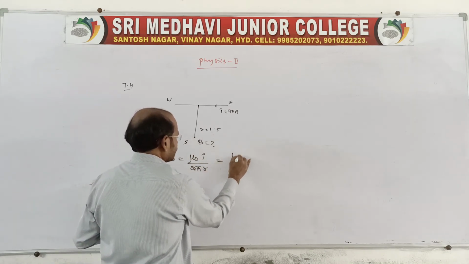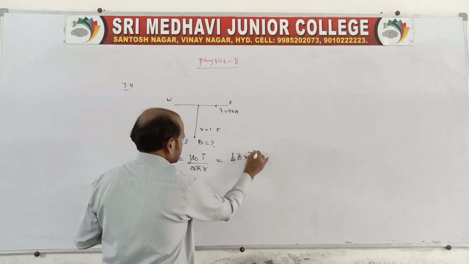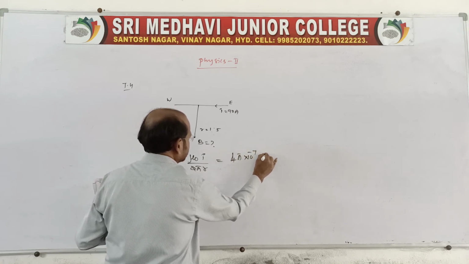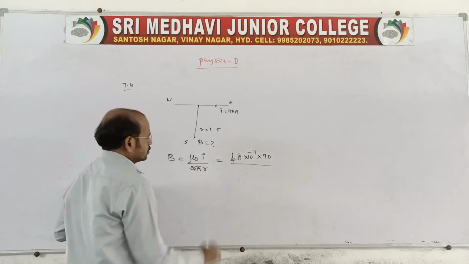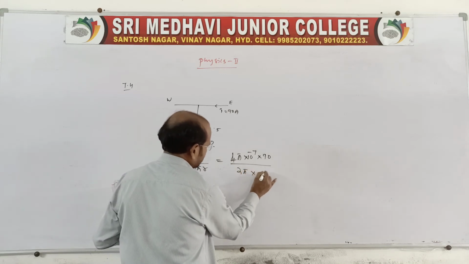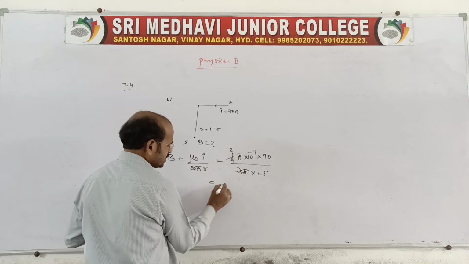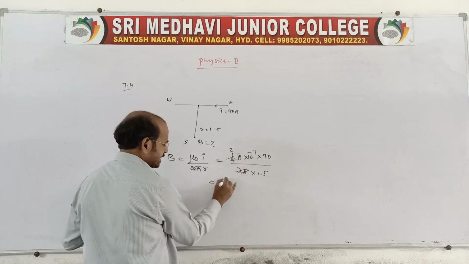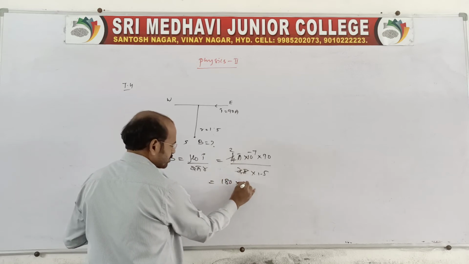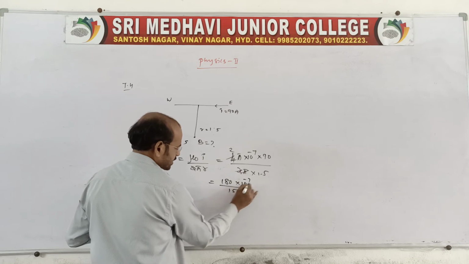The mu value is 4 pi into 10 power minus 7 into I, which is 90, by 2 pi into 1.5. The 2s cancel. Again 2 into 9 is 18, 180 into 10 power minus 7 by 15 into 10.